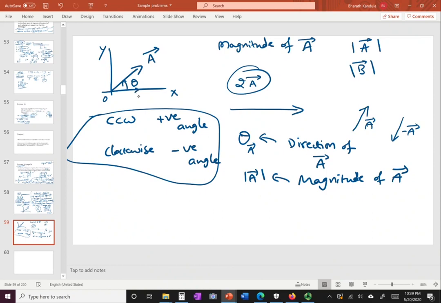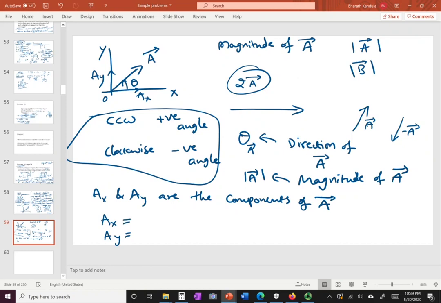Those are Ax and Ay. Ax and Ay are the component vectors, the components of vector A. We should know how to calculate these components. So how do we calculate these components?